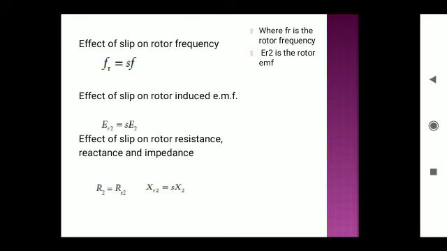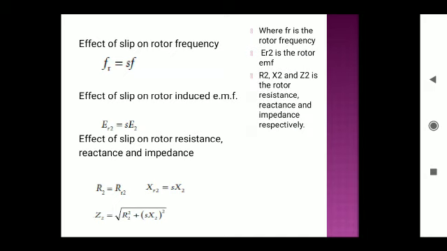X2 is the standstill inductive reactance of the rotor of the induction motor, and Z2 equals root over R2 square plus (S X2) square. Here R2, X2 and Z2 are the rotor resistance, reactance and impedance respectively at standstill condition, and F is the supply frequency and E2 is the standstill EMF.